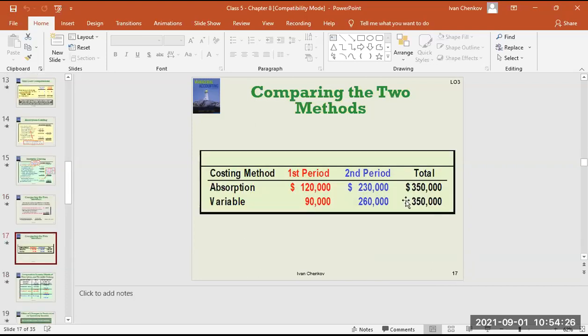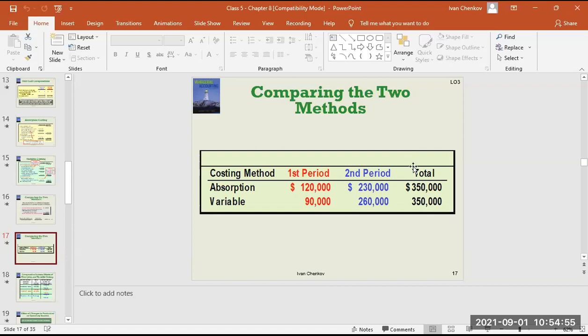If we compare the income from the absorption and the variable from the first year and second year, we're going to see this. Absorption first year generates 120, which is $30,000 more than the variable. In the second year, absorption is lower by $30,000, which flows to the variable costing.